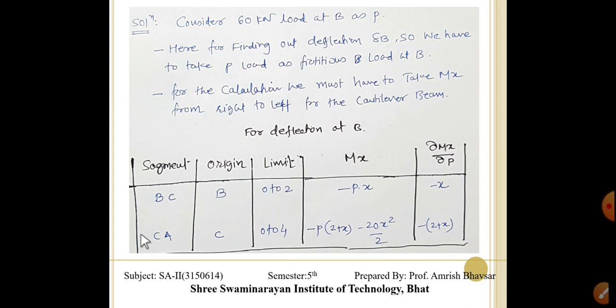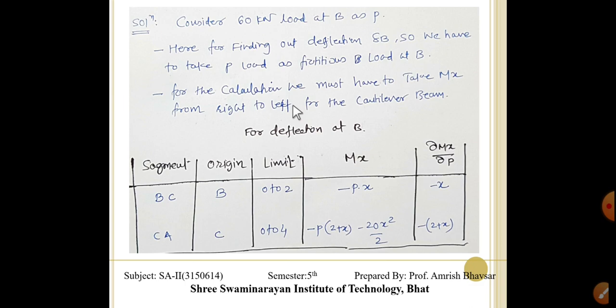Why are we finding Mx here? Because we have an equation for deflection, that is 1 upon EI integration 0 to L of Mx into del Mx upon del P into dx, and we discussed and proved that equation in the last lecture.